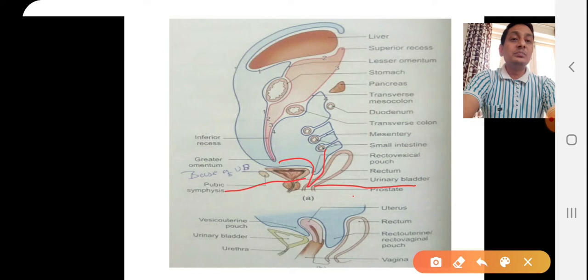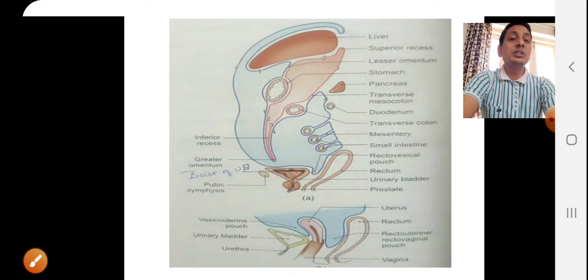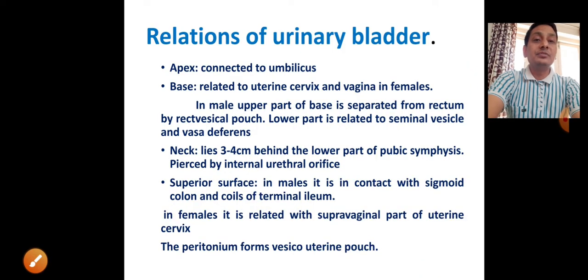In the female, the base is related to the cervix and the vagina. In the male, it is separated from the rectum by the rectovesical pouch. This is the difference in the relation of the base of the urinary bladder in male and female.